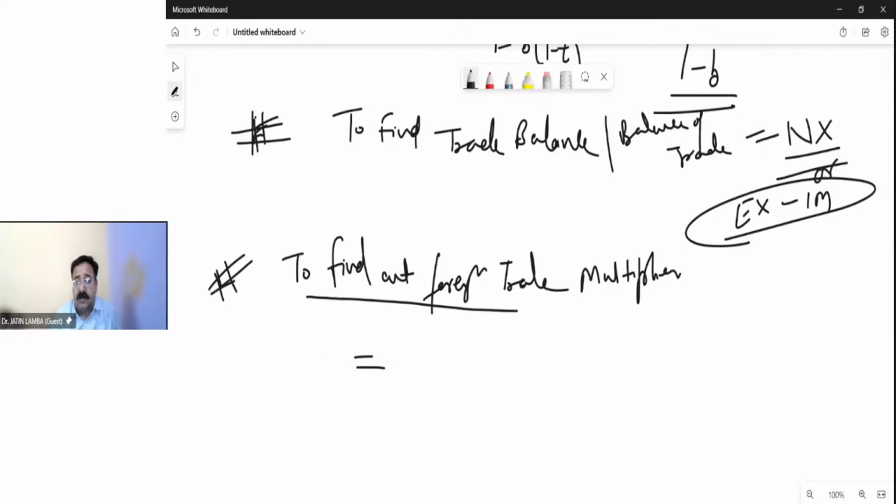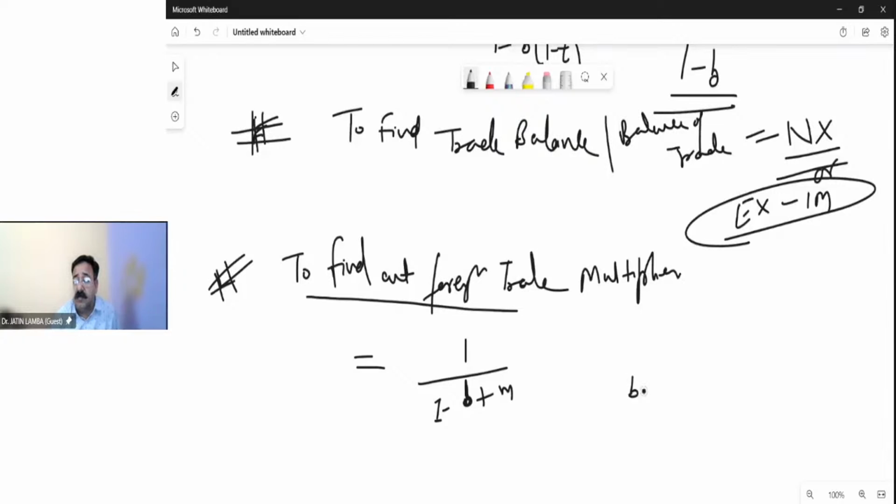Foreign trade multiplier will be 1 upon 1 minus b plus m. Note it down. 1 upon 1 minus b plus m.